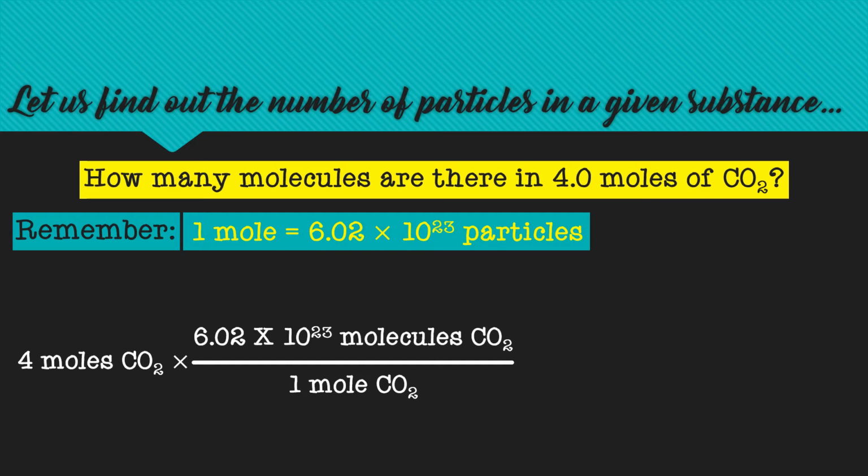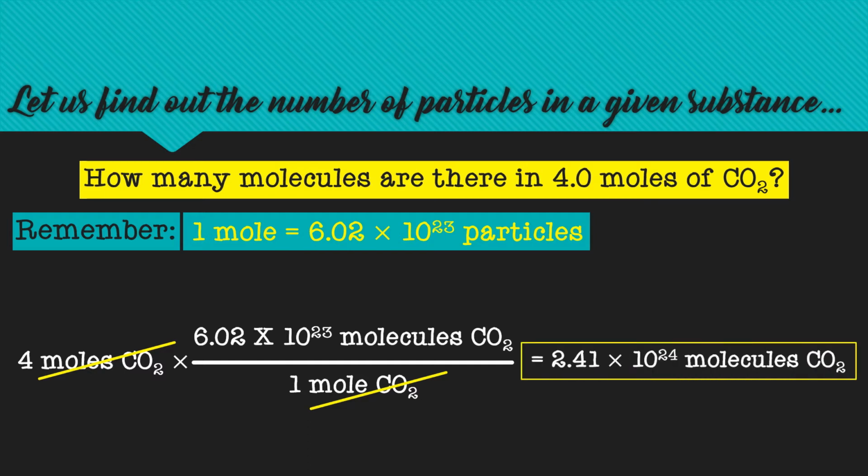Since we are finding the number of molecules, write the mole below. By cancelling the moles, we are left with molecules. 4 multiplied by 6.02 times 10 raised to 23 and divided by 1, then the result is 2.41 times 10 raised to 24 molecules of carbon dioxide.